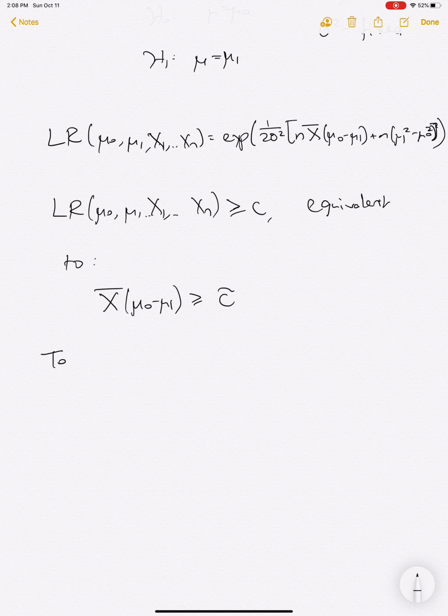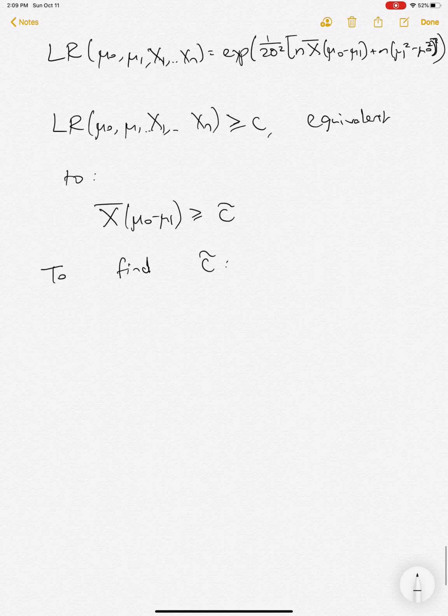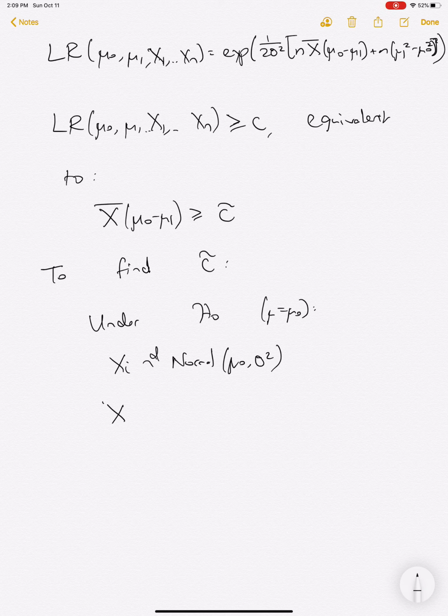And so to find C tilde, we note that under H naught, which is mu equals mu naught, we have that x_i is going to be distributed normal mu naught, sigma squared. And so the x bar, in this case, we can calculate the statistic exactly.